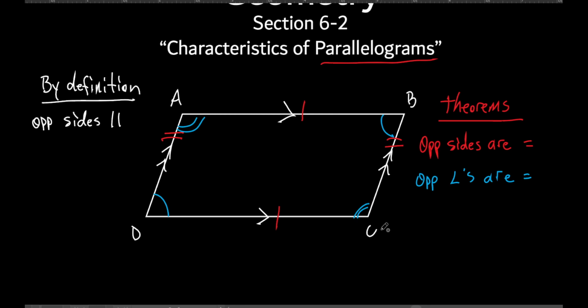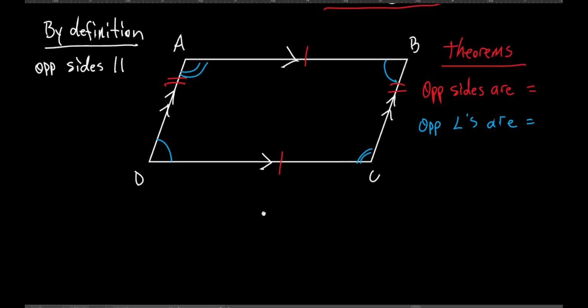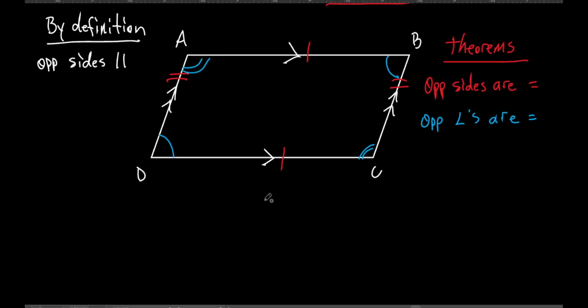There's something else. Let's do this in a different color. Look at this angle A and angle D. What do you think might be true about those angles? Remember, this top one and this bottom one are parallel to each other. Agreed? Do you remember that chapter we did, parallel lines cut by a transversal?